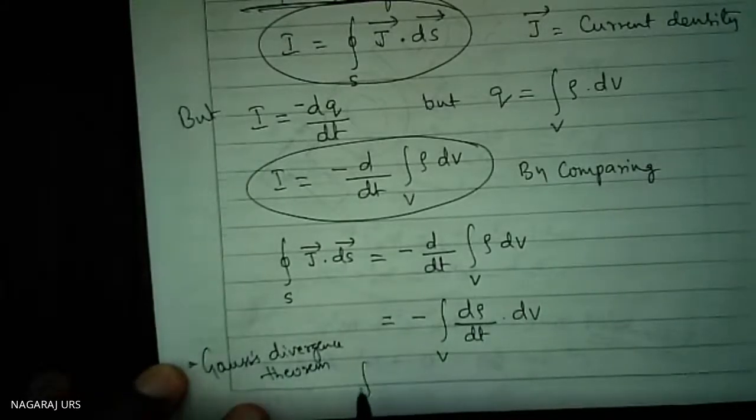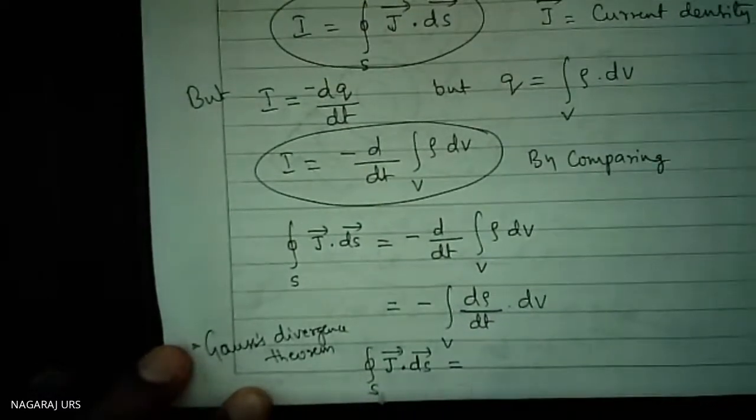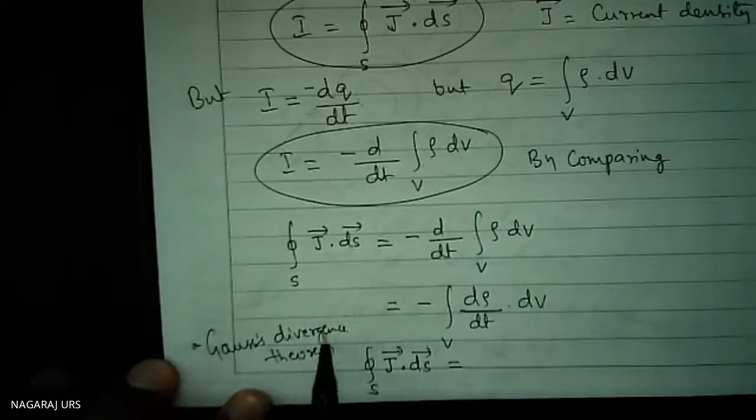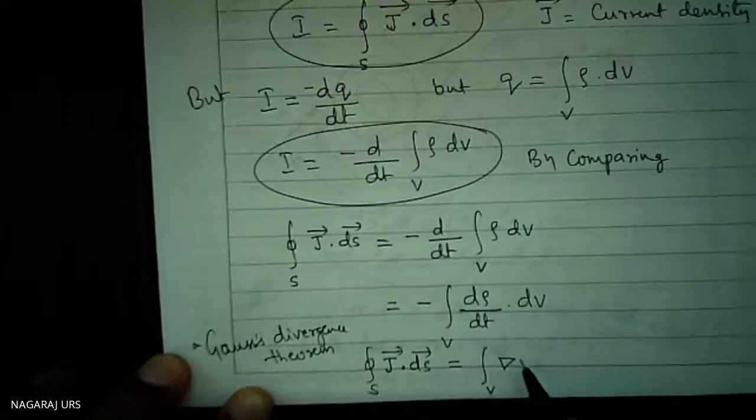Using that, the surface integral of J dot ds can be written as a volume integral. The Gauss divergence theorem gives an idea of how to convert the surface integral into the form of a volume integral. So it is equal to the volume integral of del dot J into dV.